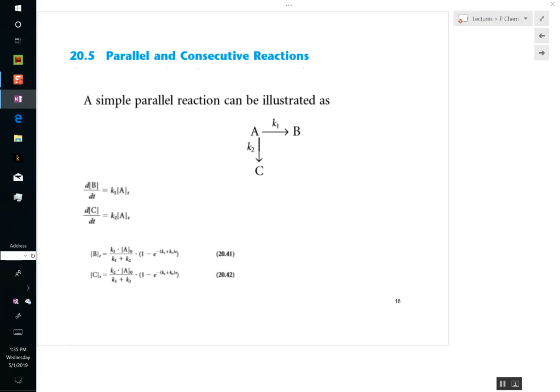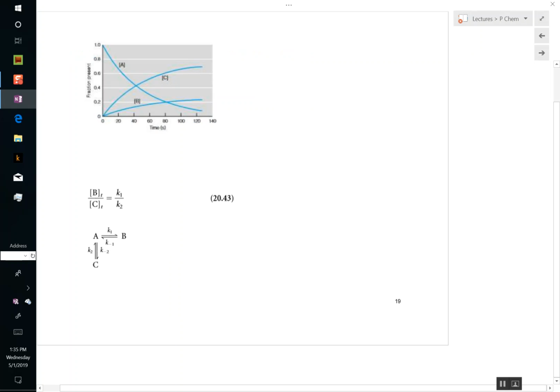Okay, so here are your parallel reactions. We're not going to necessarily do problems on this, but I want to pull out a couple of points.